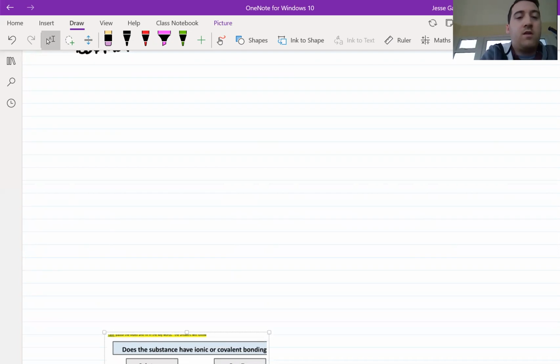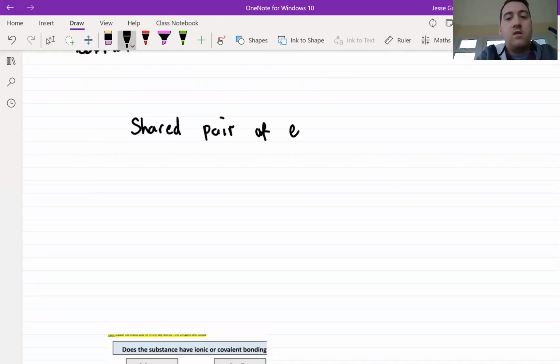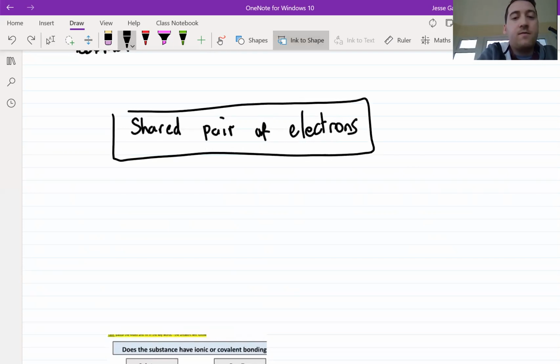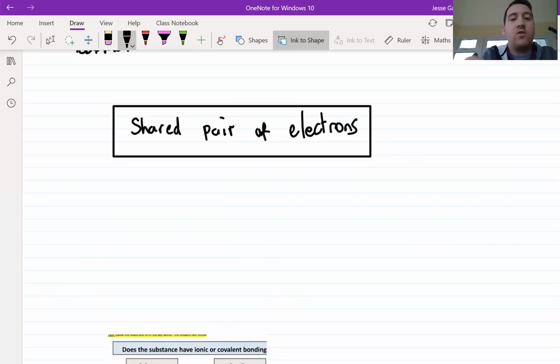We talked about a shared pair of electrons. A shared pair of electrons is what we call a covalent bond. That's what it is. It's a shared pair of electrons, and it happens for non-metal atoms only.